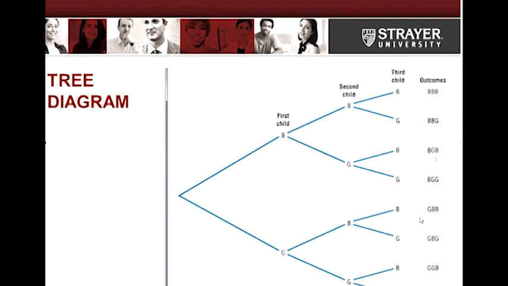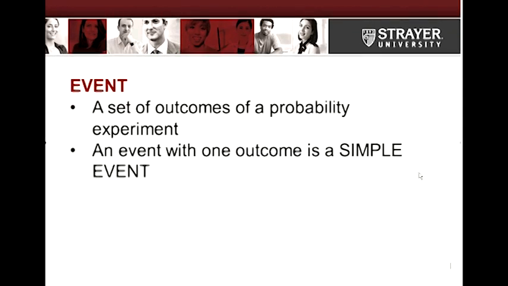The 2 boys might be first and last. The 2 boys might be second and third. So 3 of these outcomes fit into the event of 2 boys and a girl. And that's the sort of question you're going to be looking at for the majority of our probabilities.